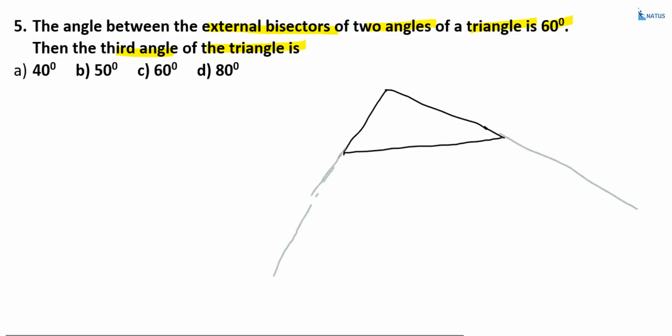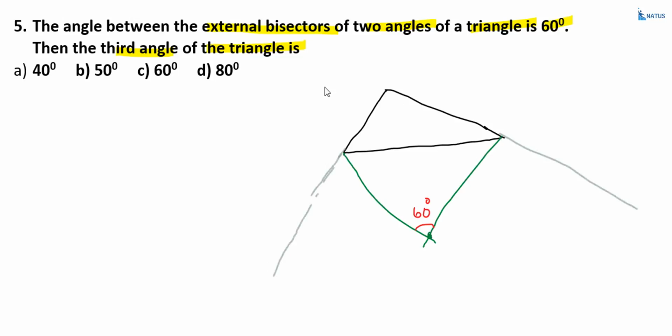And these are the external angular bisectors, right? They meet at this point. And the angle subtended at this point is equal to 60 degrees. These two are external angular bisectors.